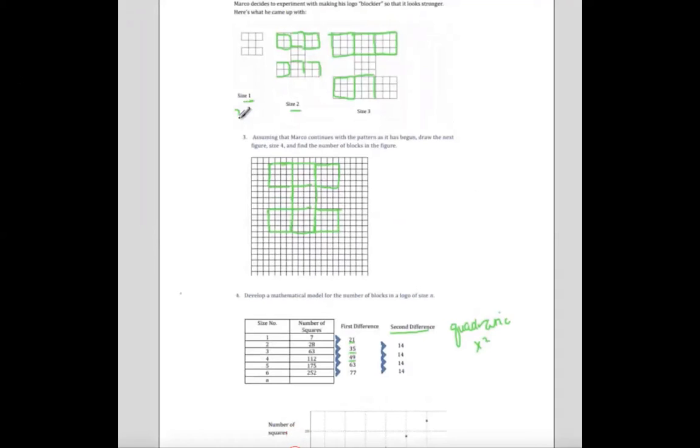So this was like 7 times 1 squared. This was 7 because I had 7 squares, but they were 2 by 2 or 2 squared. Here there were 7 squares, but they were 3 by 3 squares or 3 squared. I had 7 3 squared boxes. Here I have 7 4 by 4 squares. That helped me figure out my equation right there.